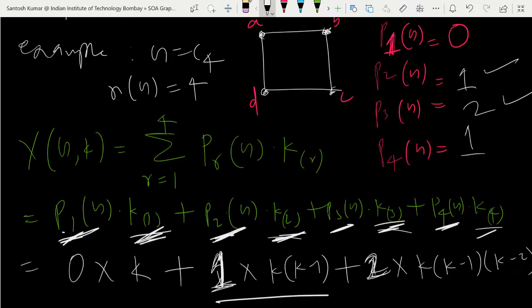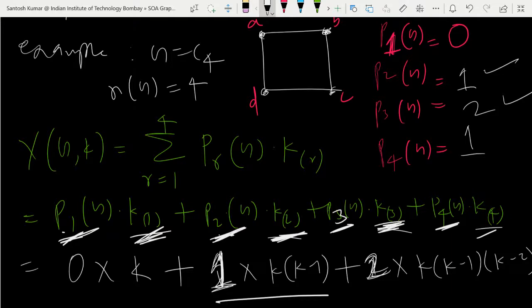P2 and K2. P2 means you want to partition the vertex set into two independent sets, which means you want to use two colors. So for two colors, you have K into K minus 1 choices. Here P3, you want to partition the vertex set into three independent sets, which means you want to use three colors.